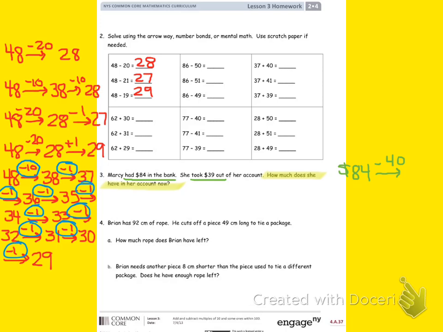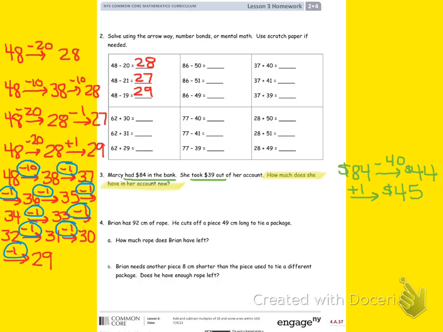That gives me $44. But 39 is one less than 40, so I better add that extra one in that I took away. And that gives me $45.